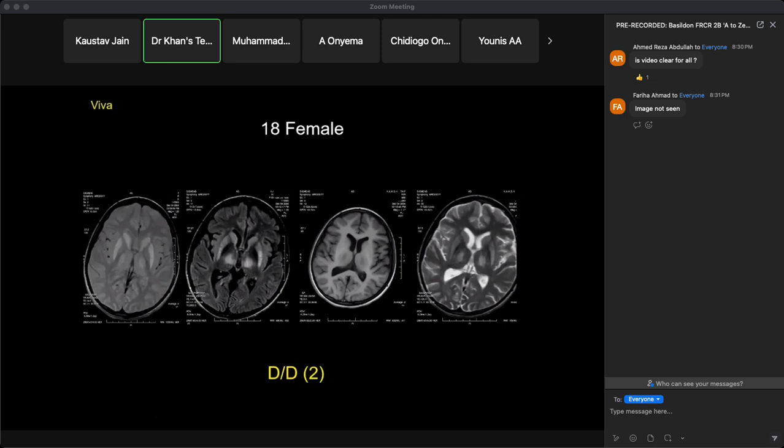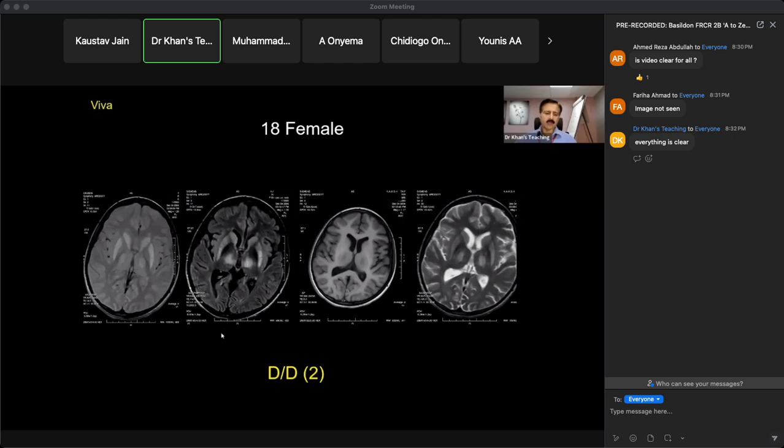It doesn't demonstrate any hemorrhage on the SWI sequence. So differentials for this would include metabolic diseases, and can also be due to toxicities and other conditions. Metabolic conditions like Wilson's disease can also cause this appearance.